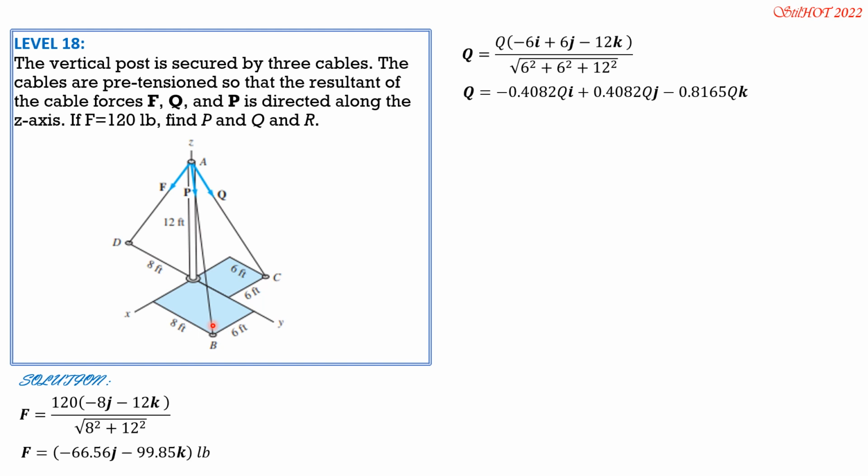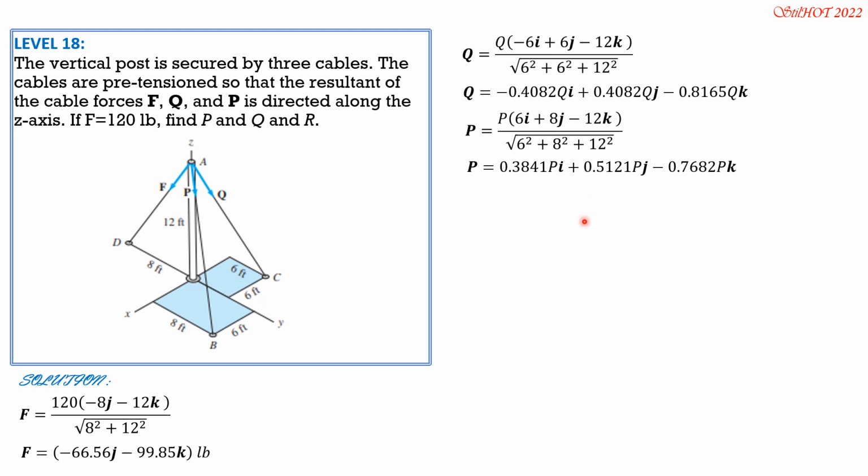So P is equal to magnitude of P, quantity 6i plus 8j minus 12k over square root of 6 square plus 8 square plus 12 square. Then in decimal, P is 0.3841 Pi plus 0.5121 Pj minus 0.7682 Pk.